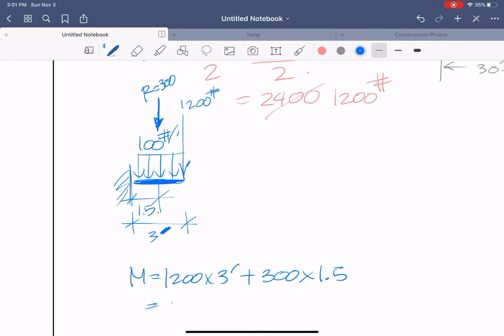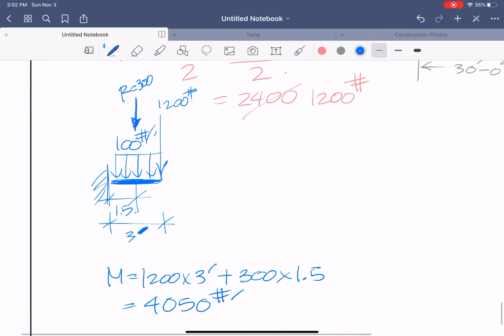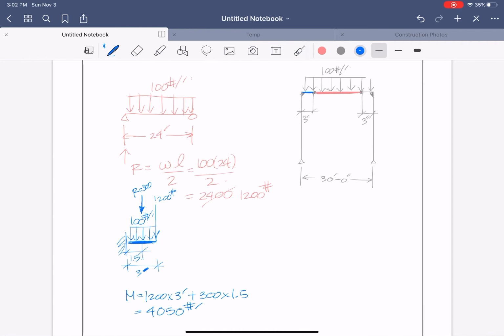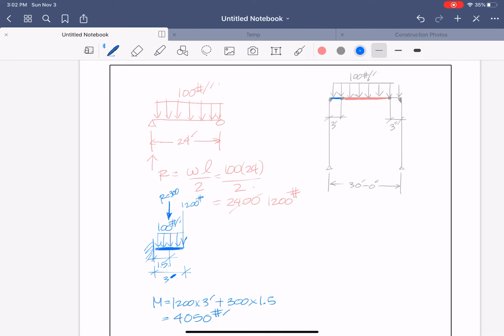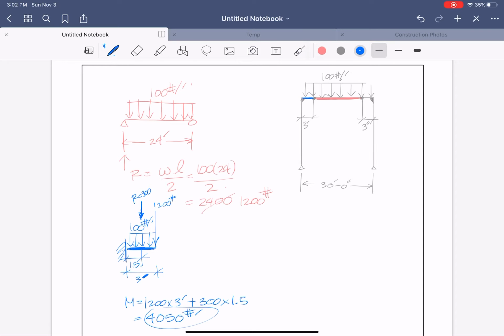That gives 3,600, plus 450. So your total moment is equal to 4050 pound feet. So the approximate moment would be 4,050 pound feet right at that point.